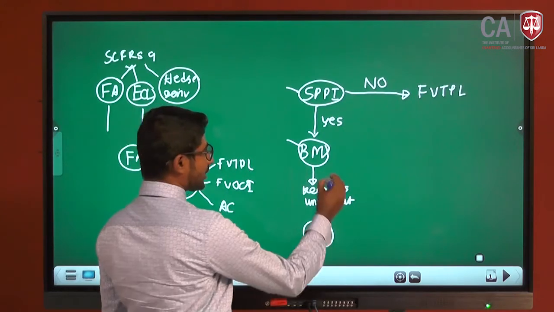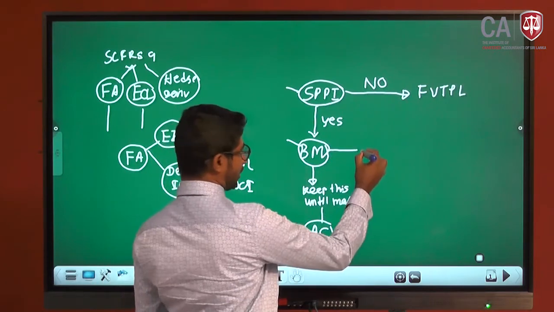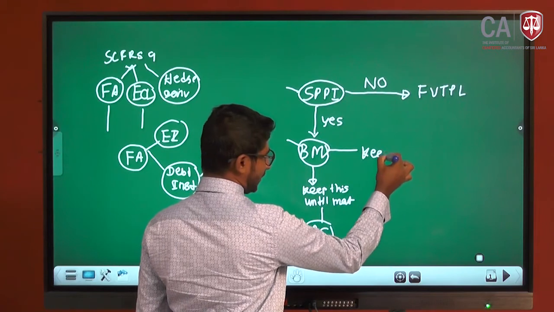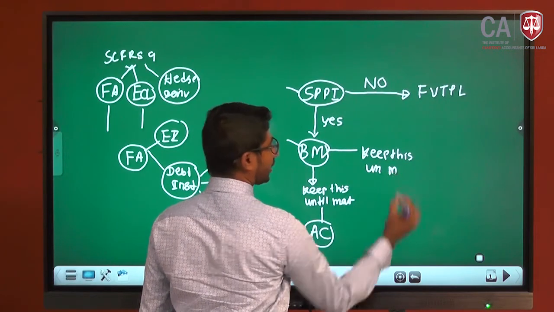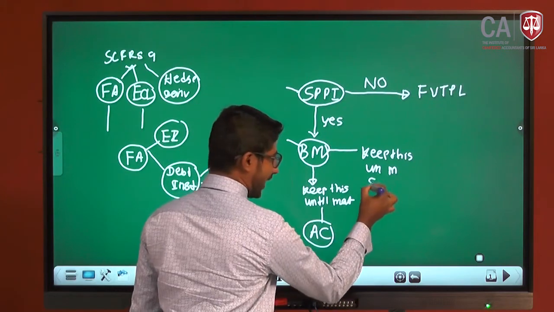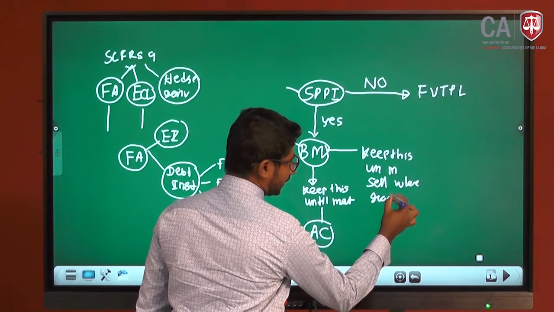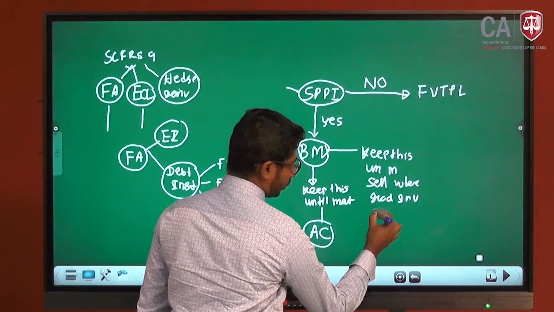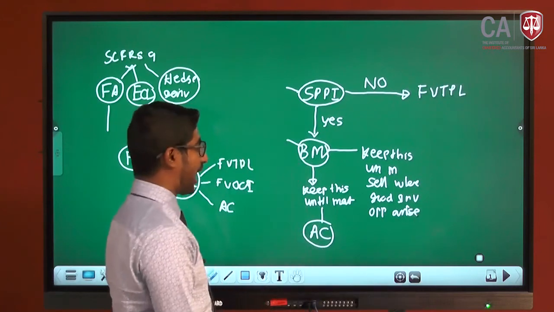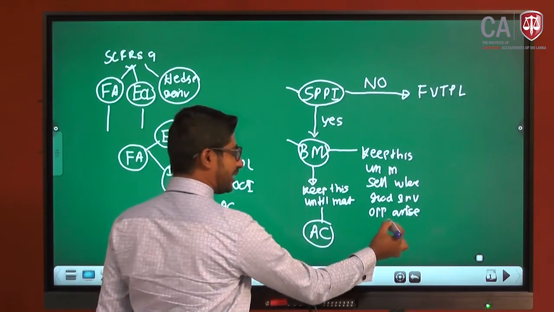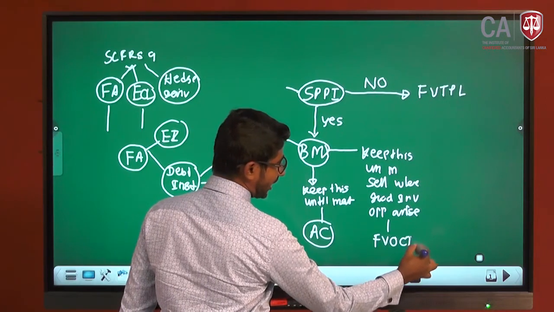Let's say as per the business model objective, our intention is to keep this until maturity or sell where a good investment opportunity arises or any other opportunity arises with a higher return, then students, this should be classified as fair value through OCI.